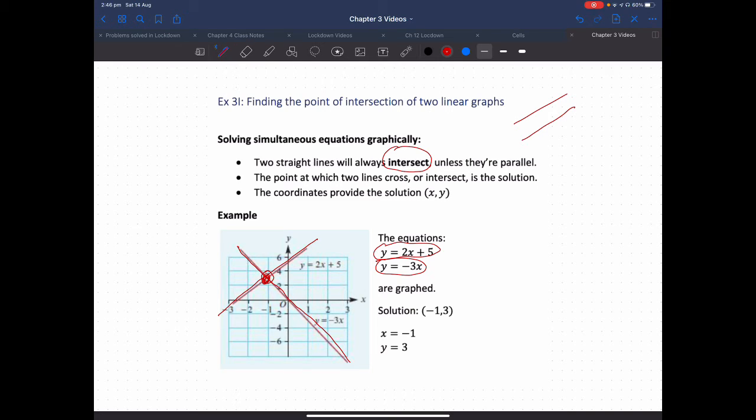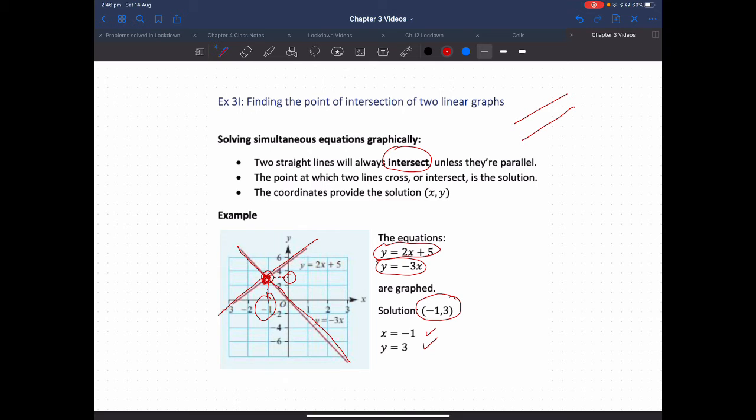So if we have drawn our graph to scale, I can read off there -1 and 3. So my solution would be the point -1, 3. So x is equal to -1, y is equal to 3.